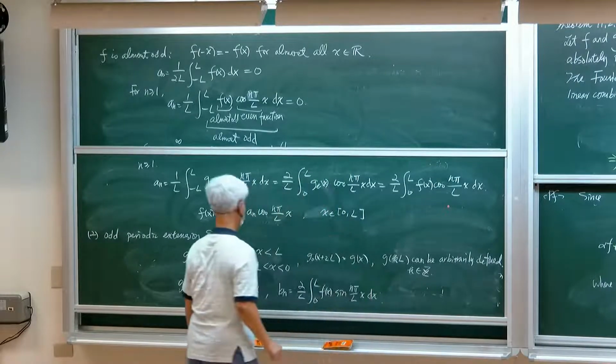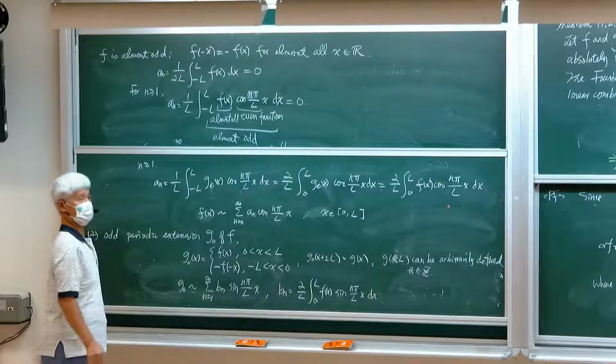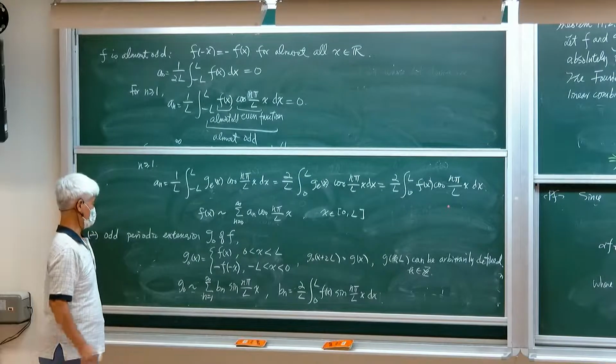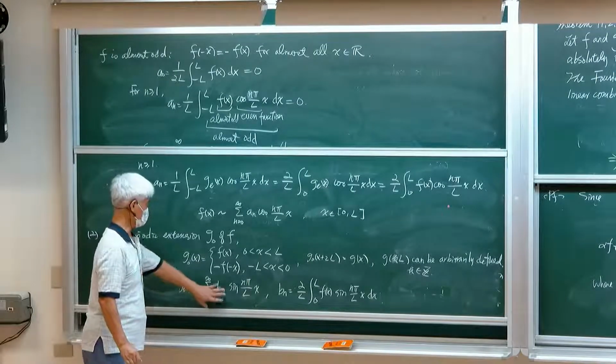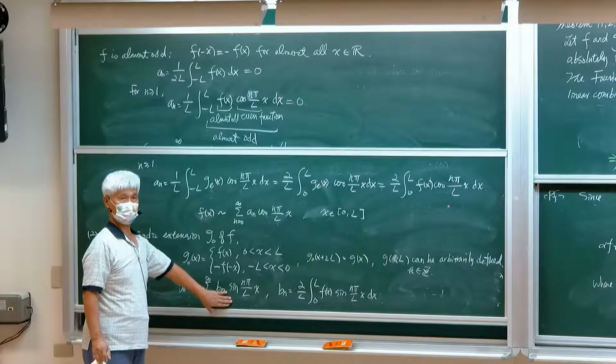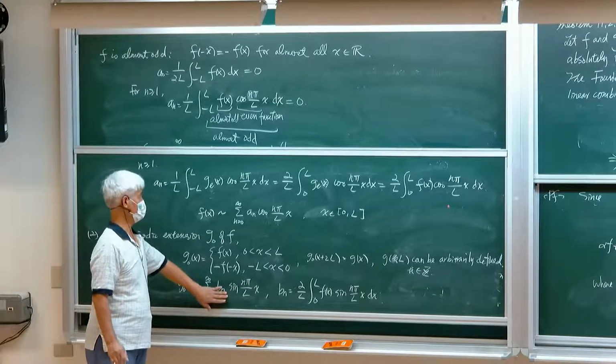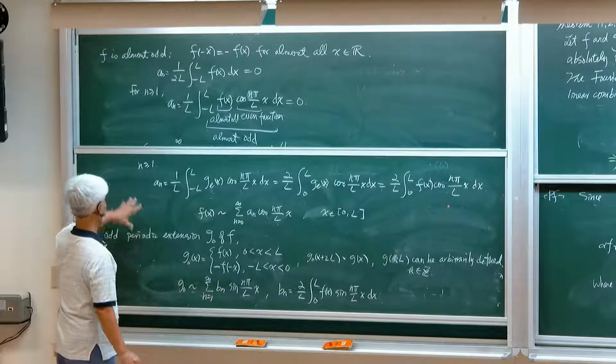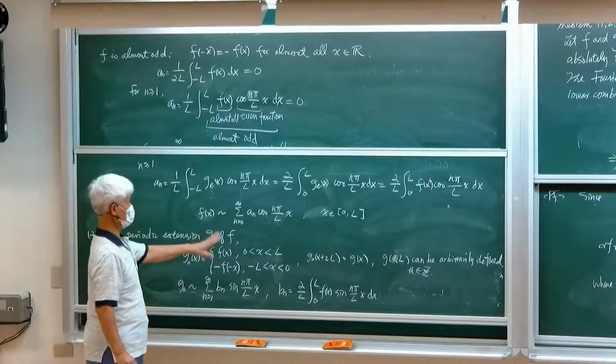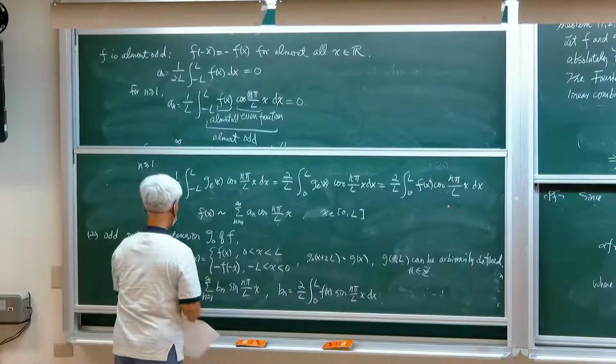So we have this expansion. So now we are able to use the sine series. So there are two different representations for the f of x.